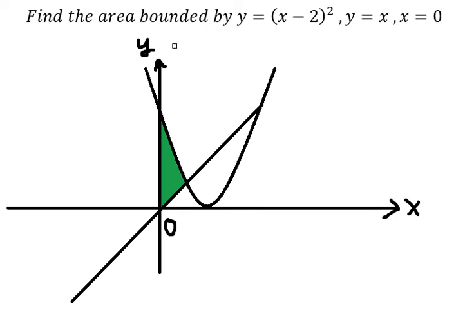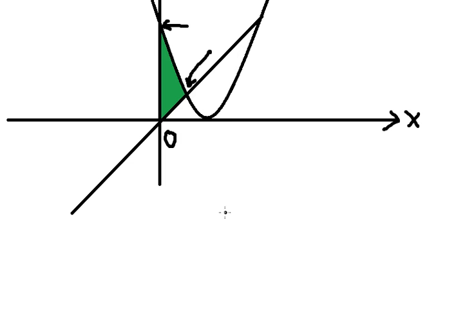Now we need to find the intersection, only this one, because we know that this one is x equals 0. So we have y and y in here. Now we have x equals (x minus 2) to the power of 2.